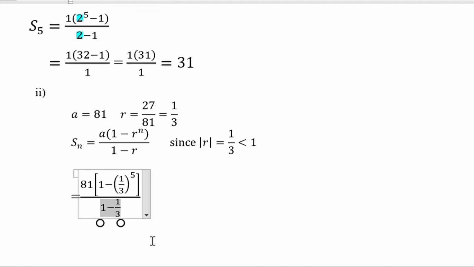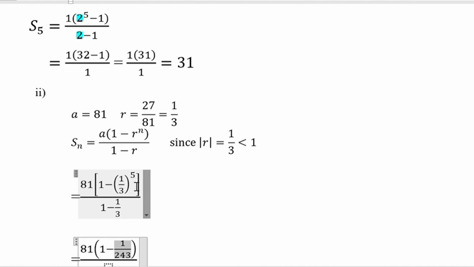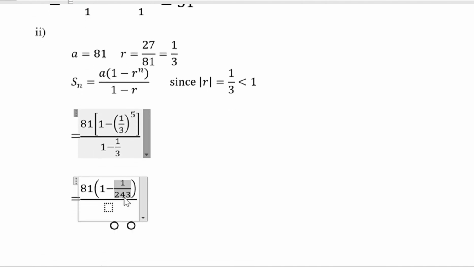If you do that, that will simplify to 81 into 1 minus a third raised to power 5, which is 1 over 243, over the denominator. 1 minus 1 over 243 will give you 242 over 243, and the denominator is 2 over 3.